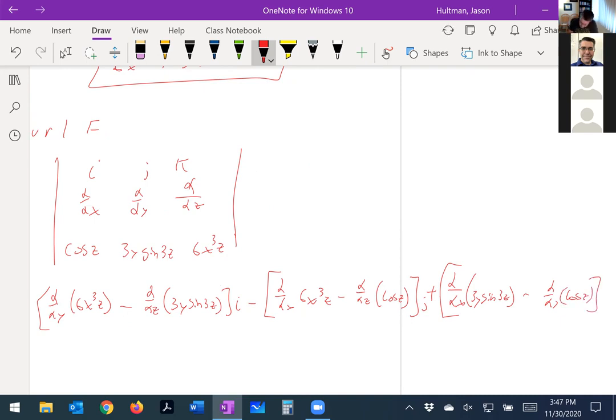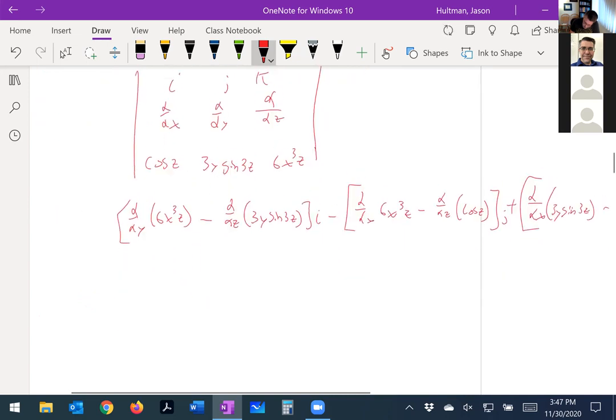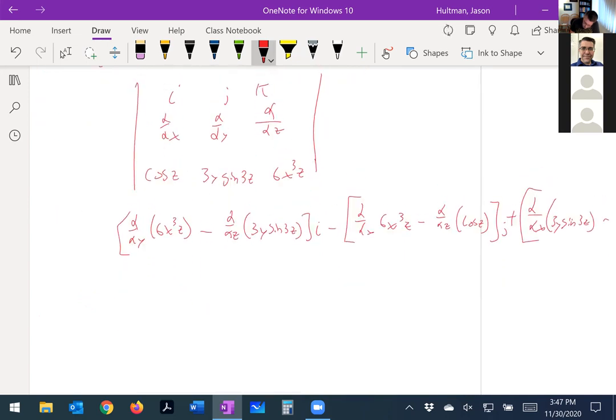Okay, so d/dy of 6x cubed z, that's 0. D/dz here, this is going to be 3y, the sine goes to cosine, chain rule tells me that's 3 cos 3z. So 3 times 3 is 9. So this is a minus 9y cos 3z i.